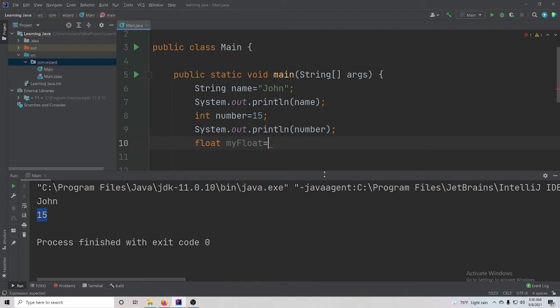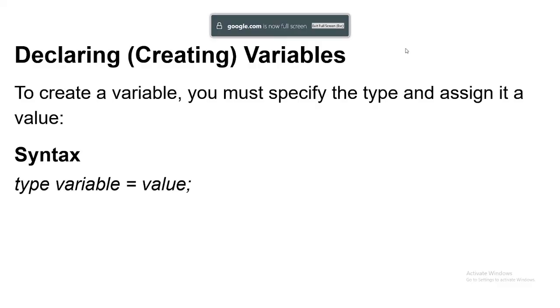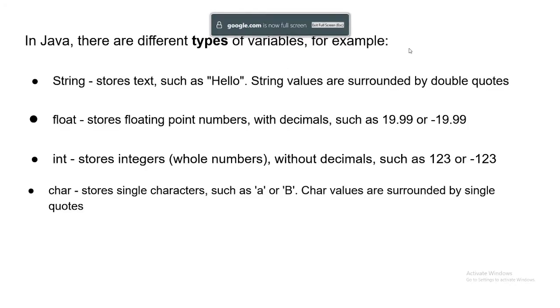I told you that the number is supposed to be a decimal number. If I go back to this slide over here, we say that for float we are only able to store numbers with decimals, and the range is supposed to be from 19.99 all the way to negative 19.99.